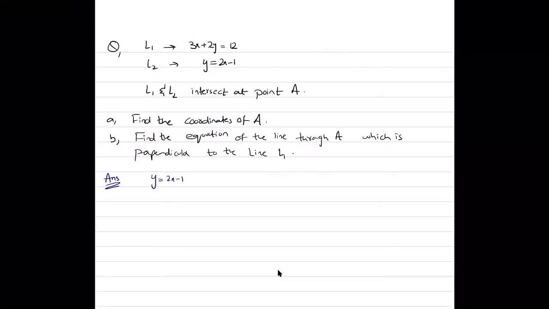So if I rearrange this, y minus 2x equals to negative 1, 2y plus 3x equals to 12. Yeah, 2 comma 3.